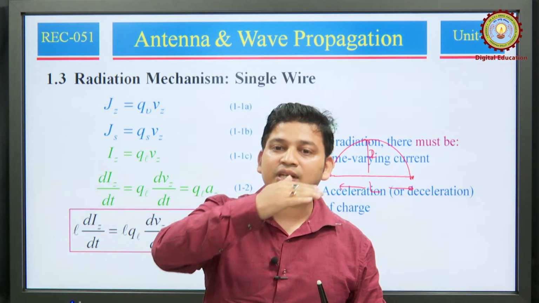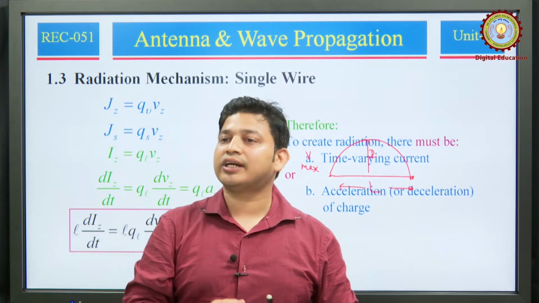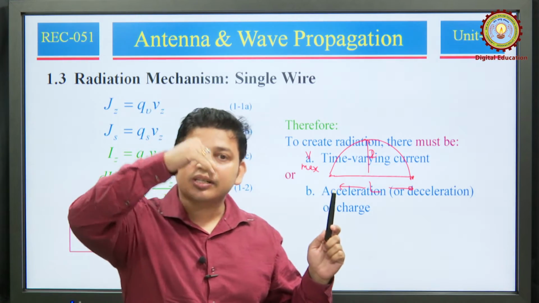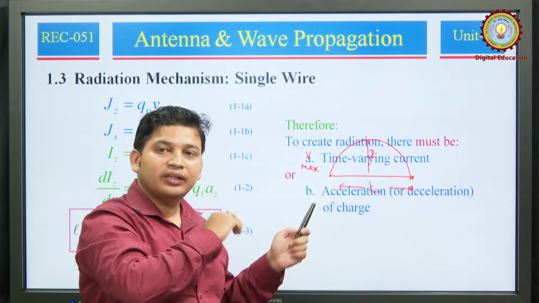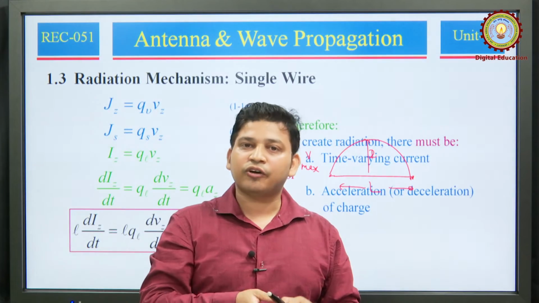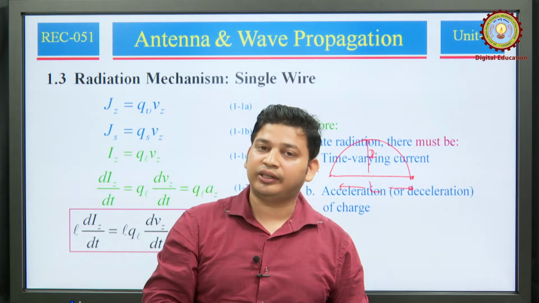If we build a structure which is not straight, that is called a discontinuity. If you remember figure 1.1, there is a triple transition, and again some disturbance is required so that the charge acceleration and deceleration may change. This is the basic radiation mechanism for a wire, and a wire is the best example of a dipole antenna.